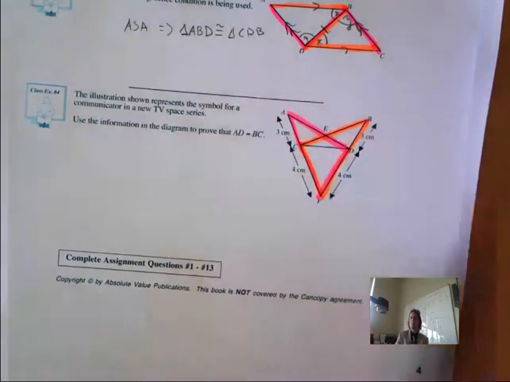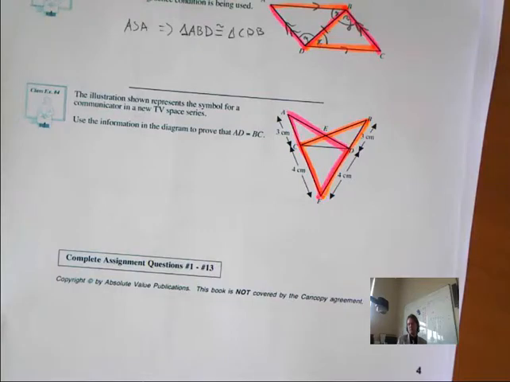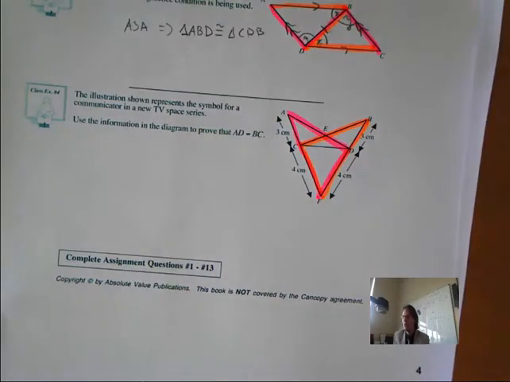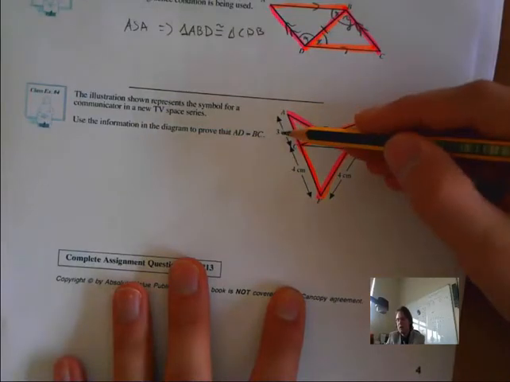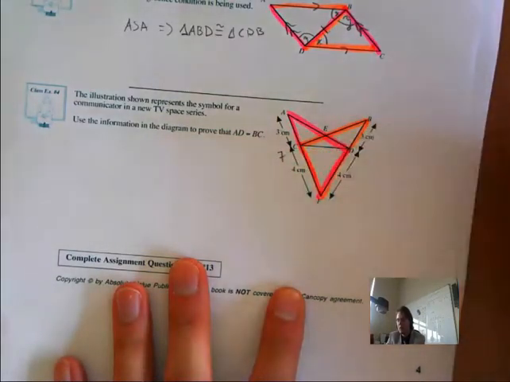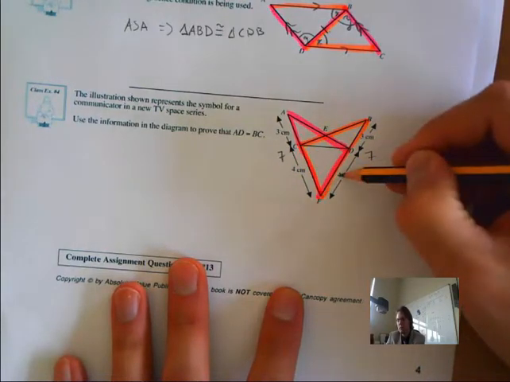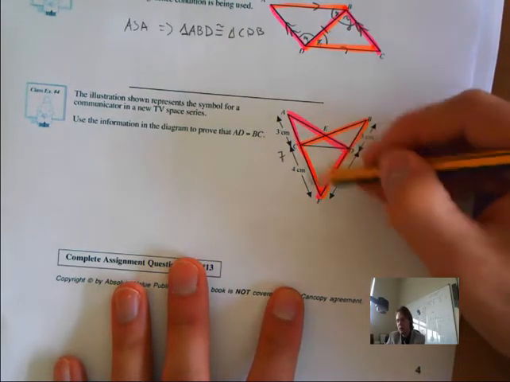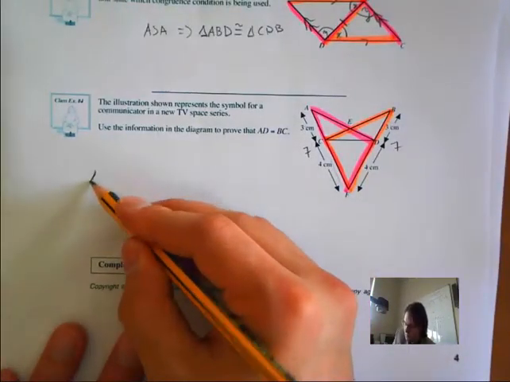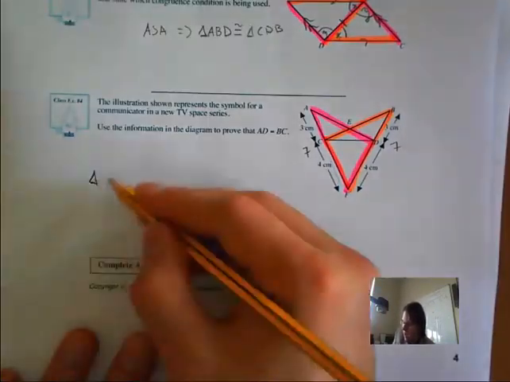Okay? So, those are my two triangles. If I look at this triangle here, this whole distance is 7. This is 7 and 4. The pink one is 7, 4. So I'm looking at triangle AFD.